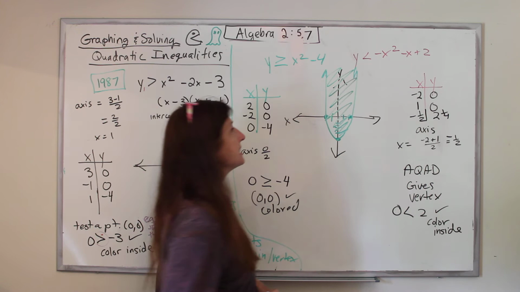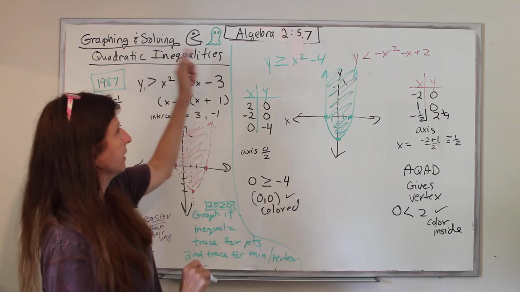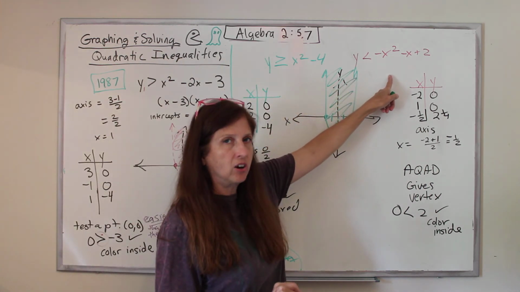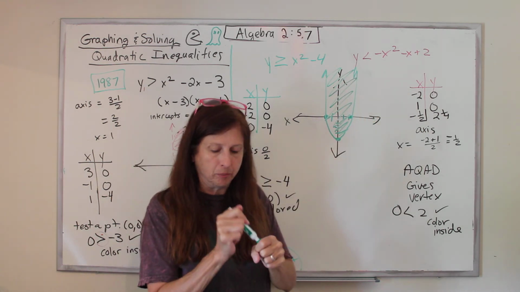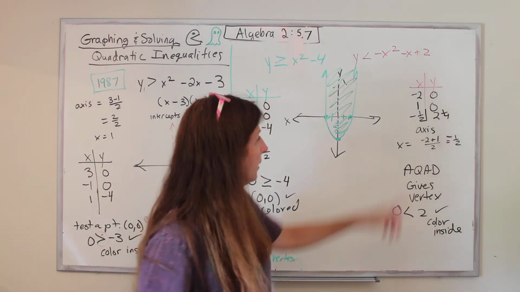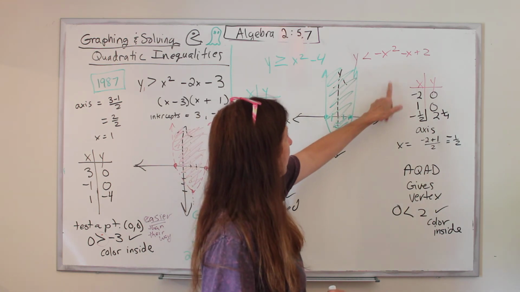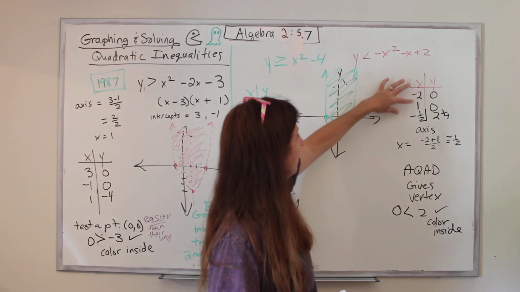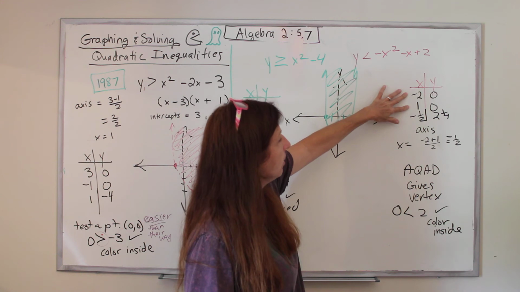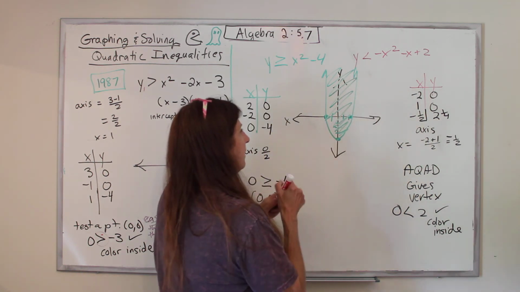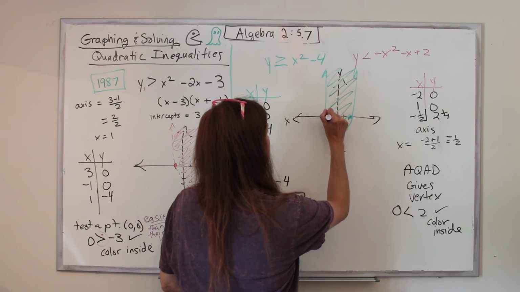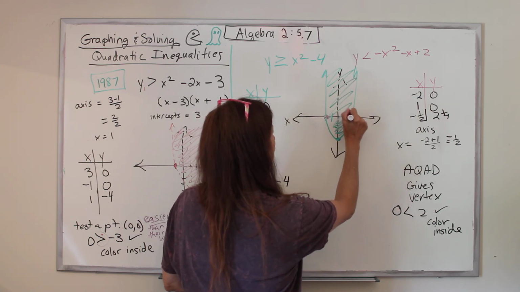Now this is a system of linear inequalities, which is fancy math talk for we're going to do this twice on the same piece of graph paper. So now I got my red one, and so I get my factors here, and they are 2 and negative 1, so my points are negative 2, so this one's still the same, and this one is 1.